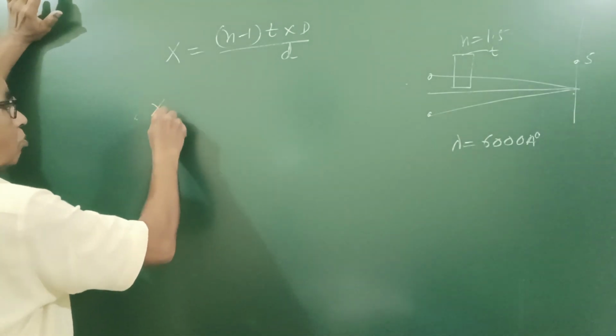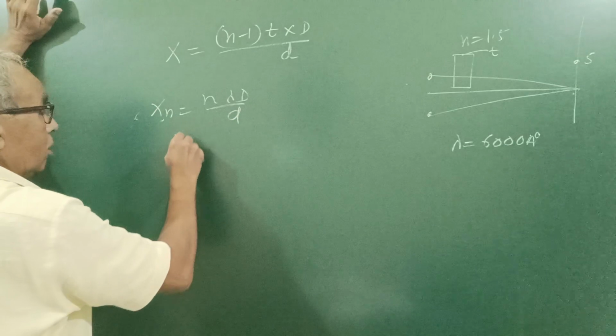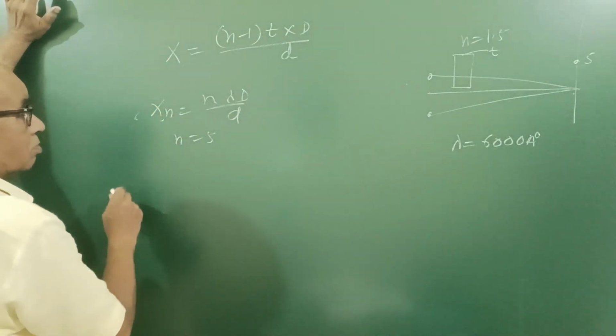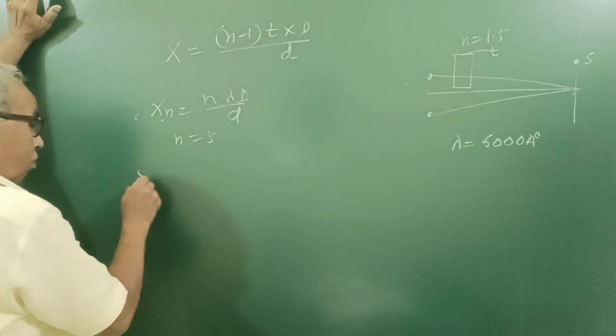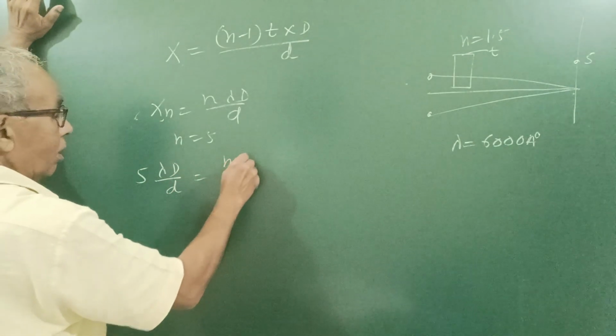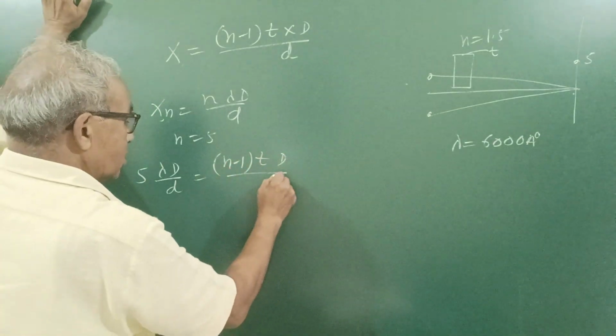You know xn, the position of the nth bright fringe, is n lambda D upon d. Here n is equal to 5. So this x is equal to x5. So 5 lambda D upon d is equal to (n minus 1) t D upon d.